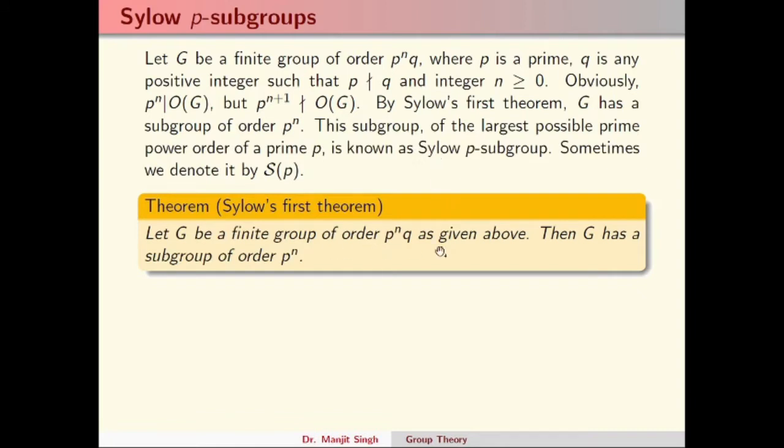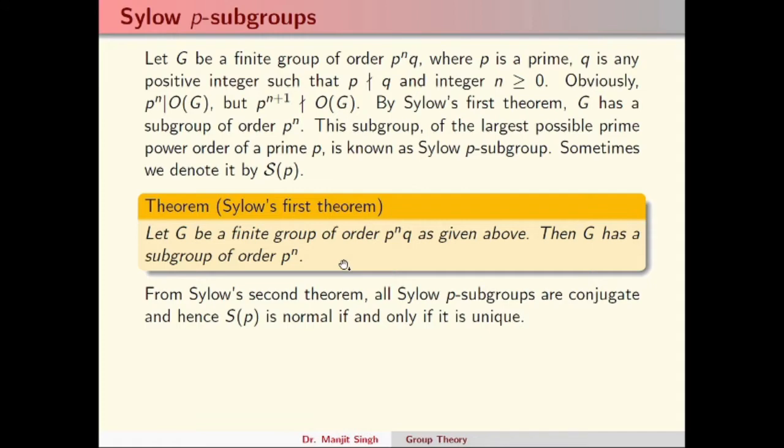So this is given in Sylow first theorem: if G is a finite group of order p raised to power n q with the conditions given above, then G has a subgroup of order p raised to power n. So Sylow first theorem gives the existence of a subgroup of prime power order that divides the order of G.